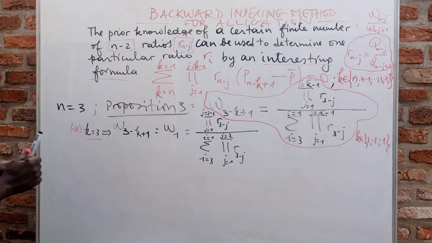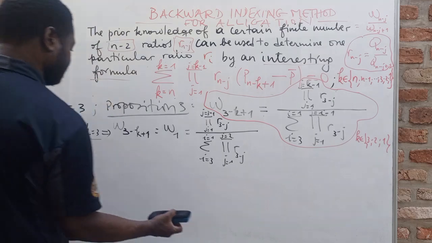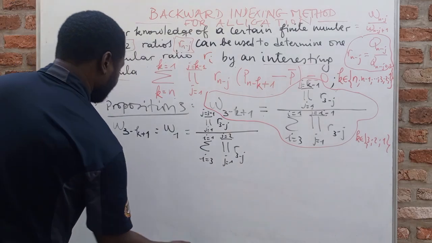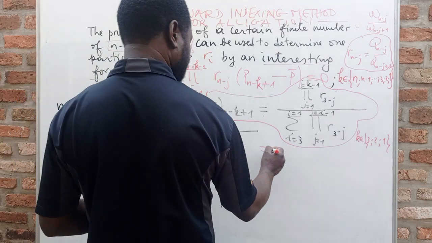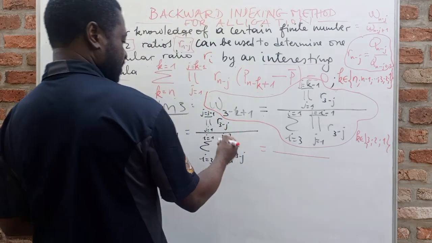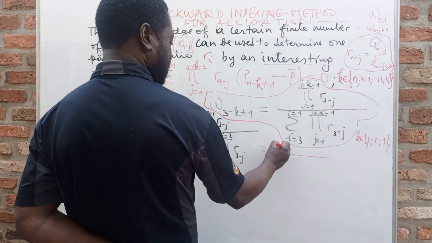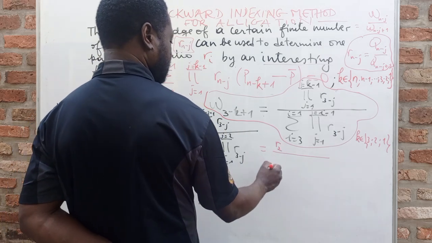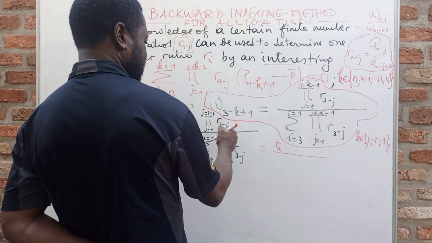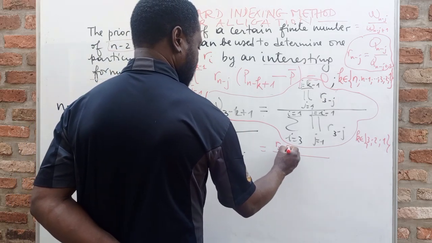So in order to obtain omega 1, what is it? This is equal to the numerator. The numerator will be, I start from 1 until 2, r sub j: 3 minus 1 will be 2, 3 minus 2 will be 1.